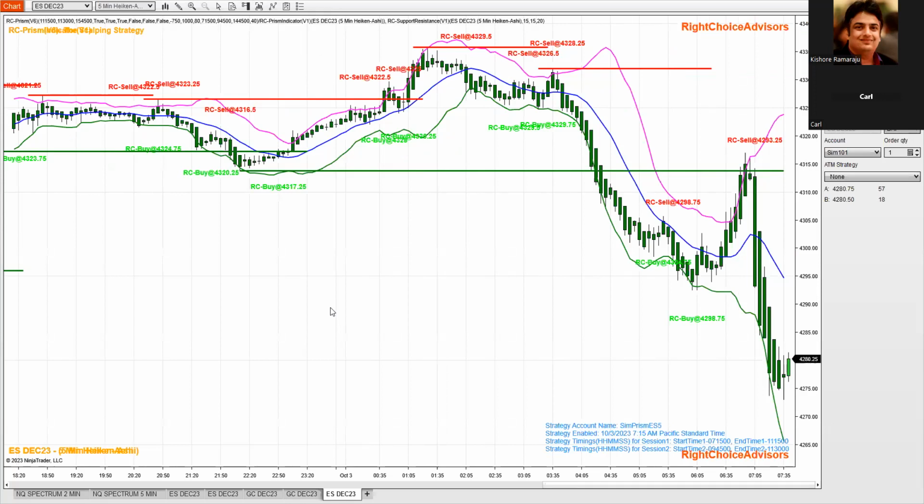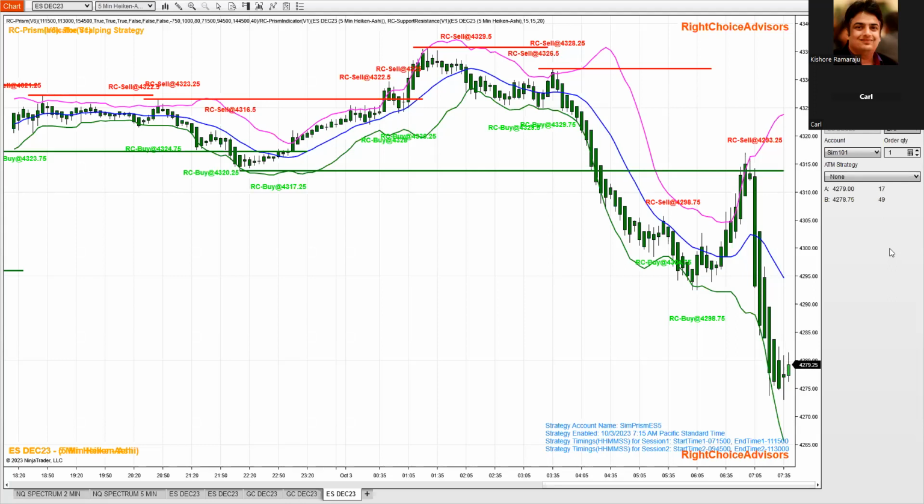So if you want to manually override the system, can we use any of these buttons on the right hand side? Right, yeah. To buy, you just say buy market. Buy market means you are buying at whatever price is available. Or you can also say buy bid or buy ask. Instead of market, better to do buy ask.